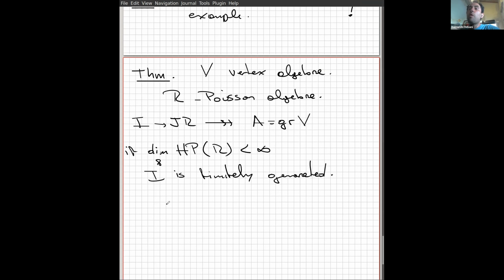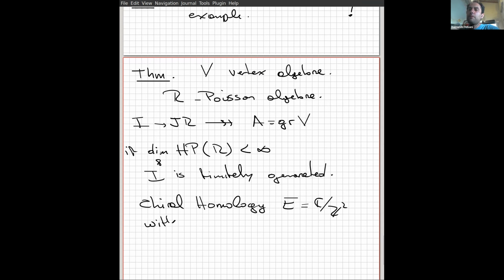then the chiral homology, so these are the DG versions of conformal blocks that were essentially hinted at in the previous talk, the chiral homology of an elliptic curve, any elliptic curve, with coefficients in V, is finite dimensional.